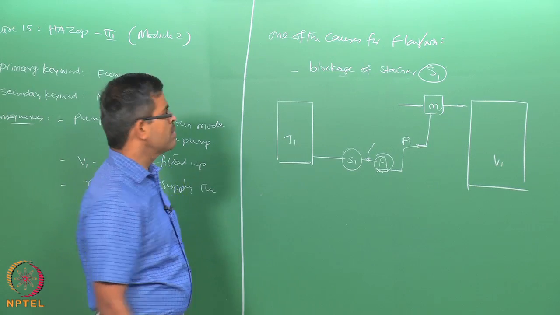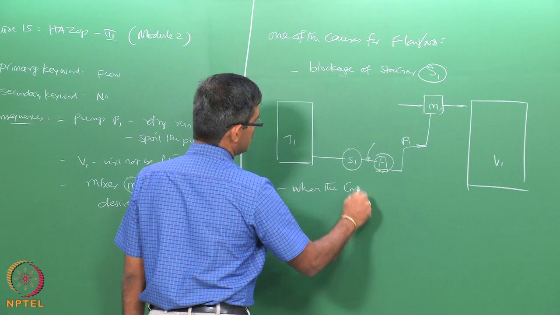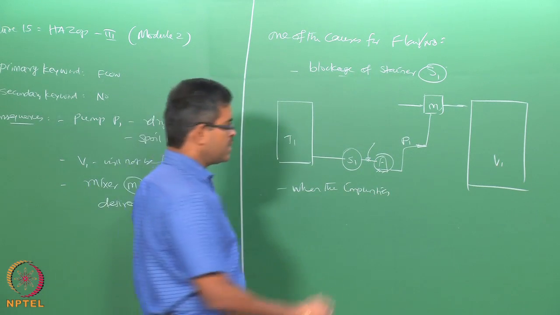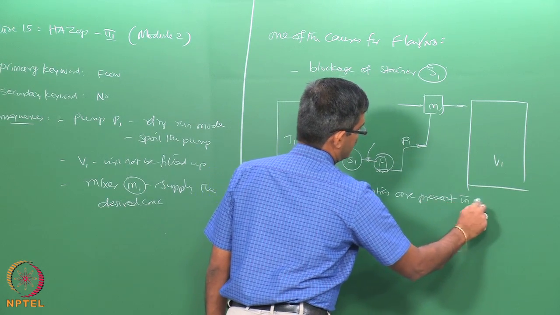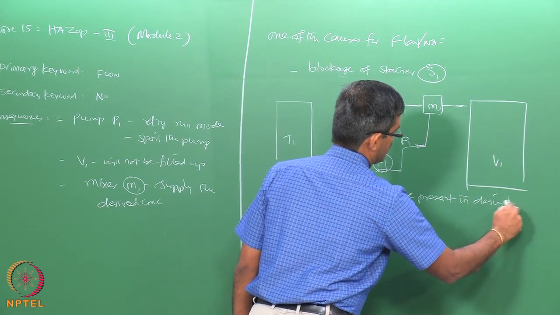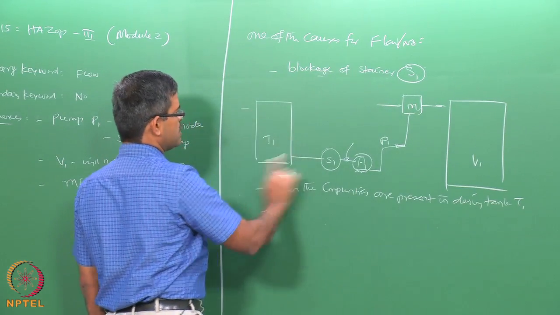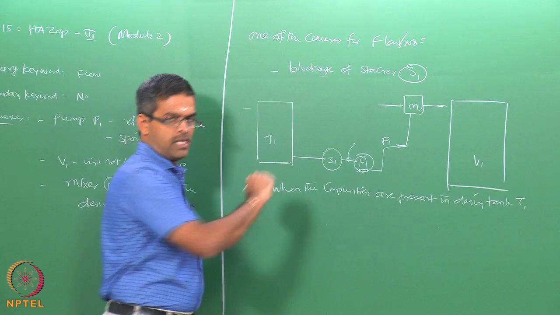When will this happen? When the impurities are present in the dosing tank T1. When there are more impurities present in the dosing tank T1, this will result in choking of the strainer S1.